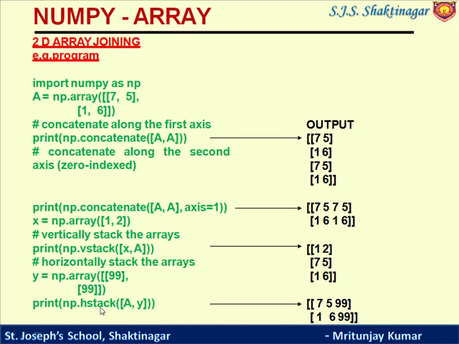So horizontal stacking we can see here, it will give the output as 7 5 99, and then 1 6 99. Clear? You can go through, you can note down in the copy also. Next class we'll do the practical.